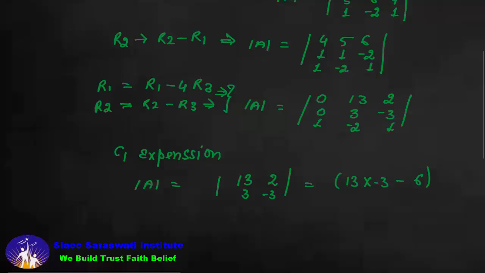So the determinant of A will be equal to, that will be 39 minus 6, so that will be minus 45. So hence the determinant of A is equal to minus 45. So that will be the final answer.